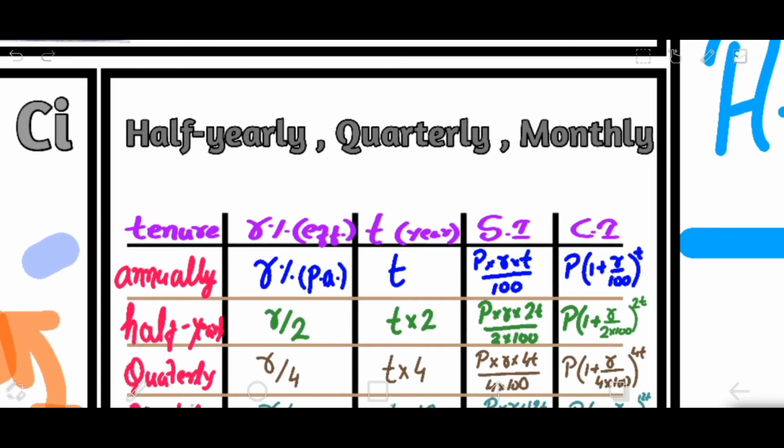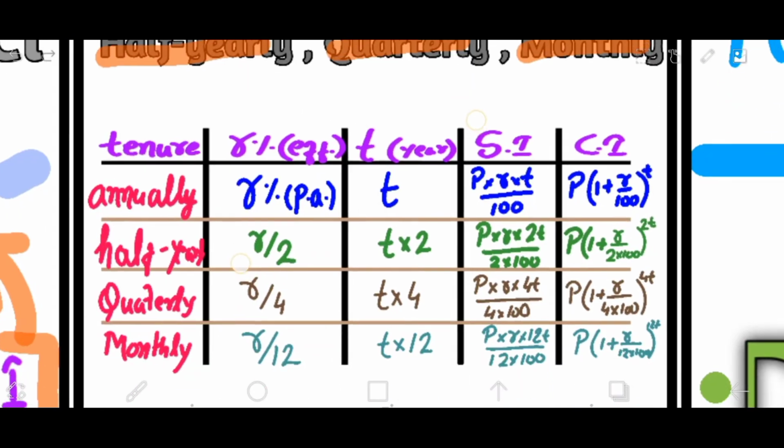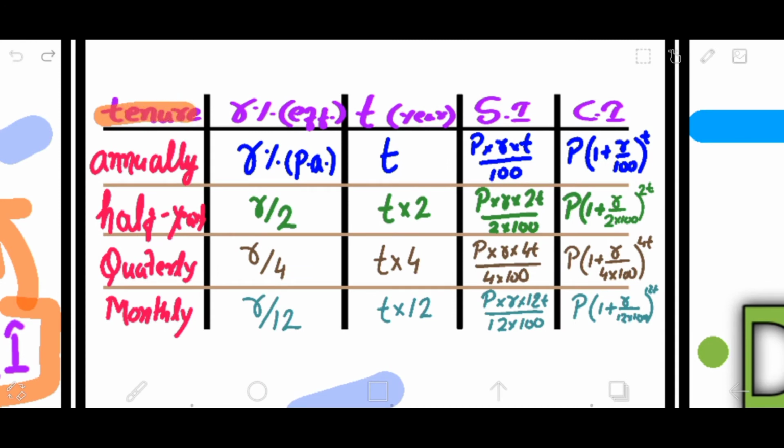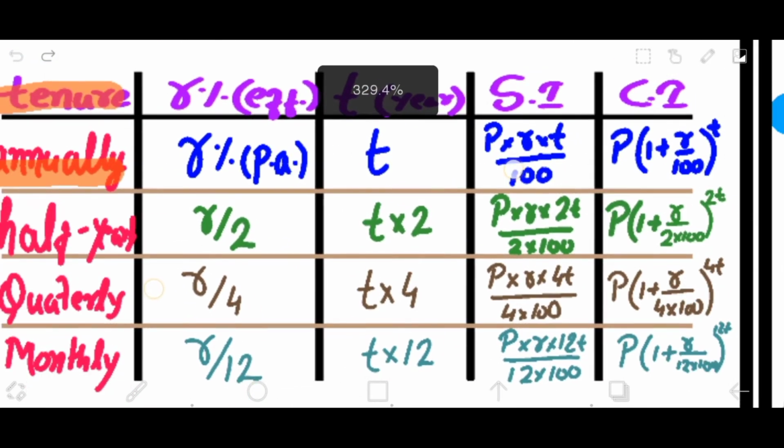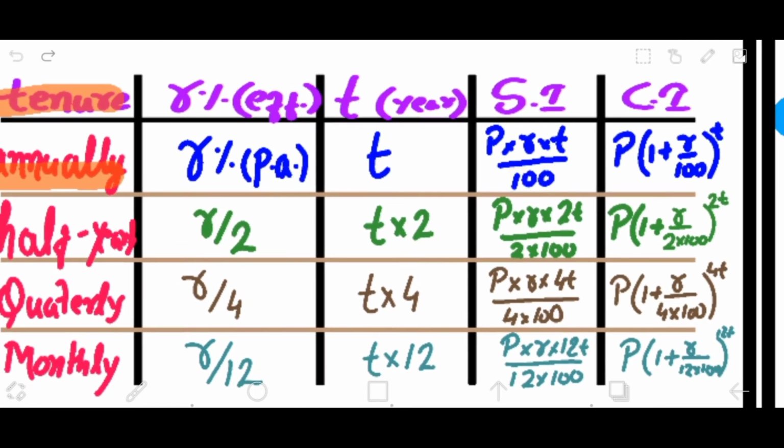Now let's see another concept, that's half yearly, quarterly and monthly. It's basically for when the interest is not annual, right? First of all, we'll see the base case, when it's annual. R percent effective means the R percent stated, which we use to calculate the value.